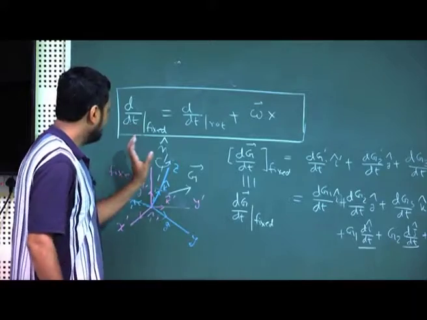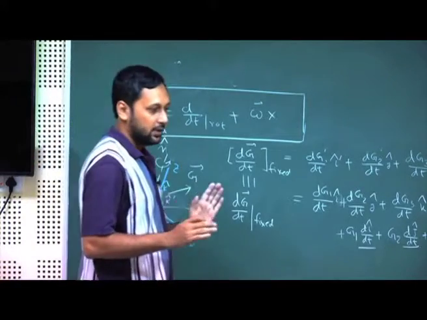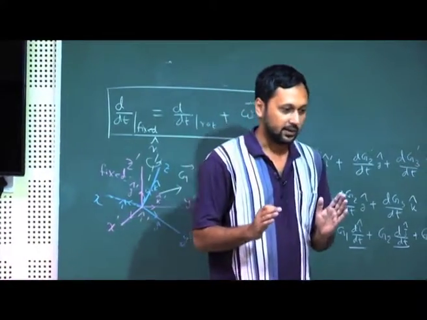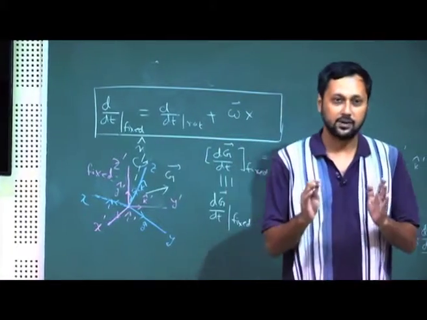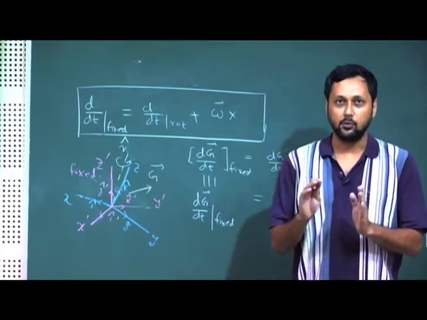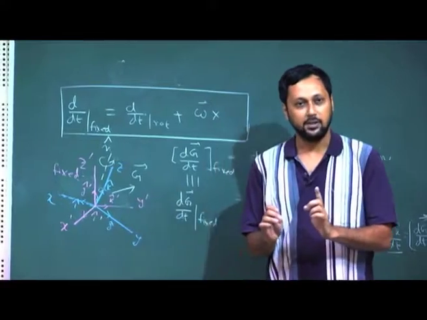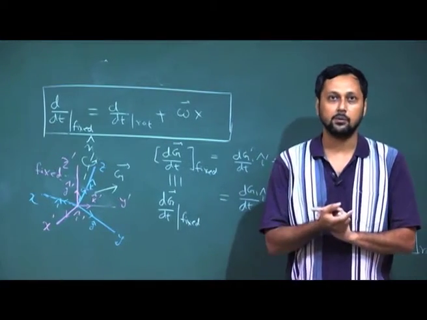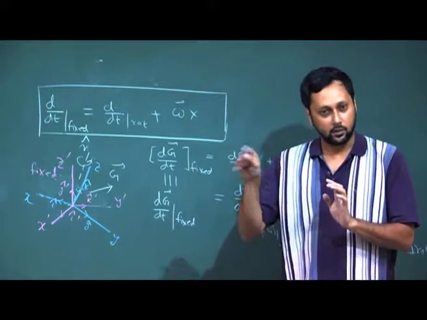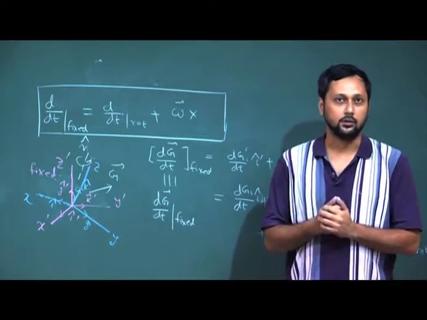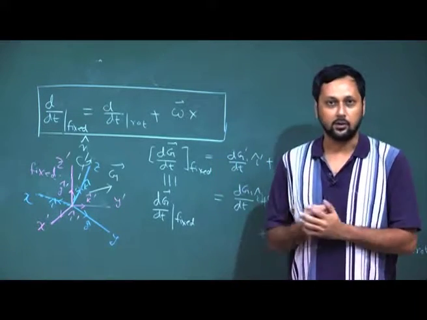So, what it means is the time derivative with respect to a fixed frame of reference is equivalent of the time derivative measured with respect to a rotating frame of reference plus omega cross, omega being the instantaneous velocity of rotation, cross that particular vector.